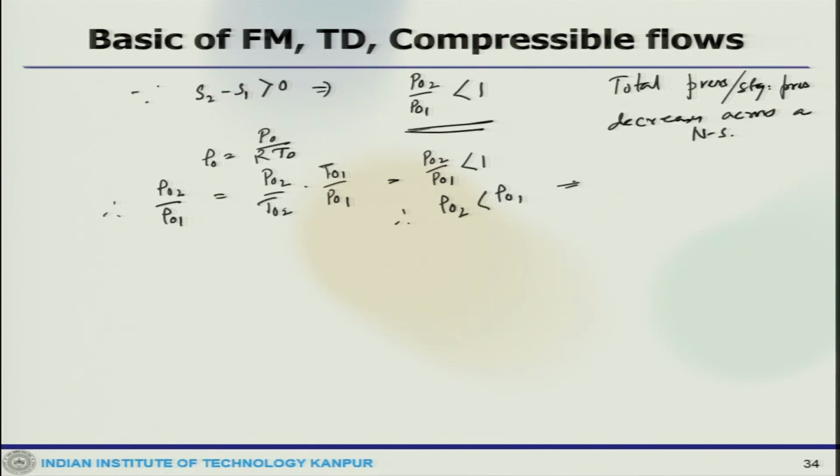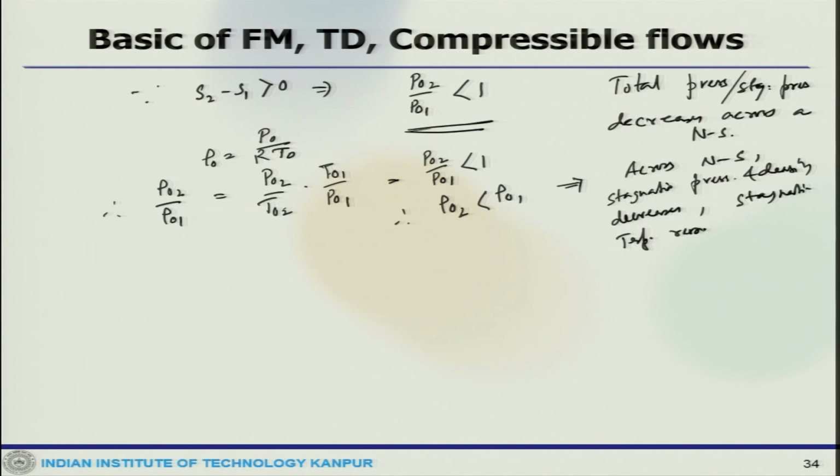That means across a normal shock, stagnation pressure and density decrease, whereas stagnation temperature remains constant.